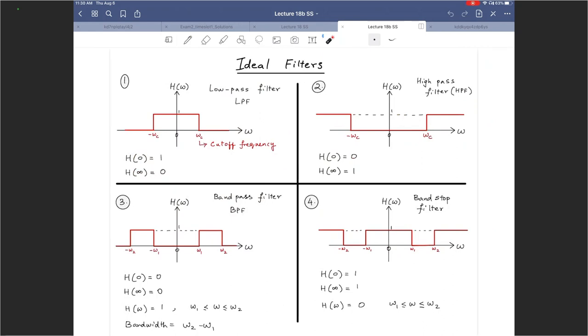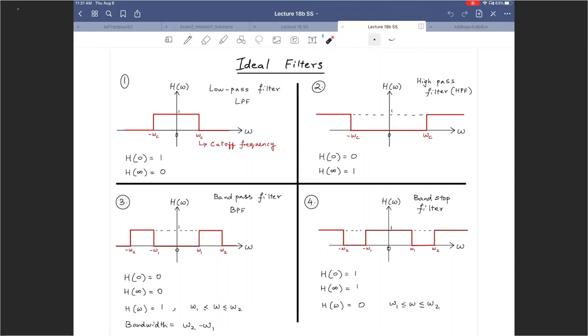We'll begin with identifying 4 ideal filters. The filters are low pass filter LPF, high pass filter HPF, band pass filter BPF, and a band stop filter BSF. Each of the filters is recognized by its frequency response. Notice H(j omega), or H(omega), we are calling that the frequency response of the filter.